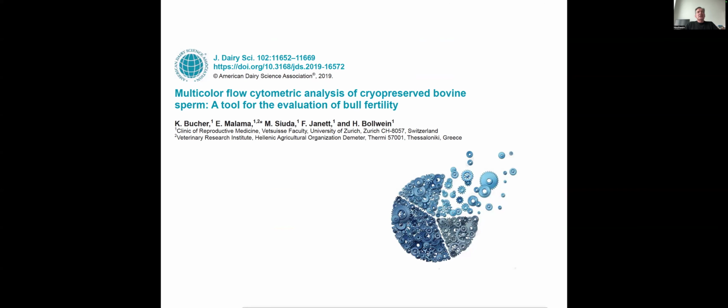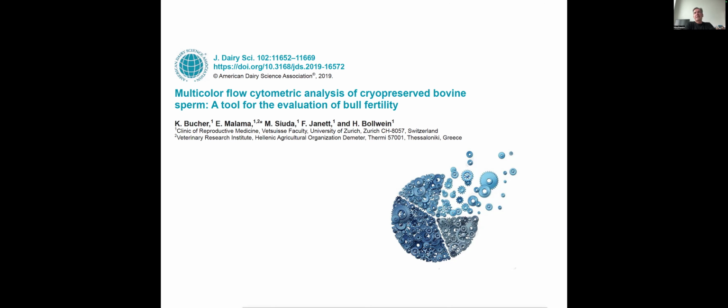Nowadays, we are using multicolor flow cytometric analysis for the examination of sperm. We have published one of these assays we developed in our lab and related it with the bull fertility. Why we most often examine bull fertility as a model compared to stallion fertility is because bulls have a very high amount of offspring in contrast to stallions.